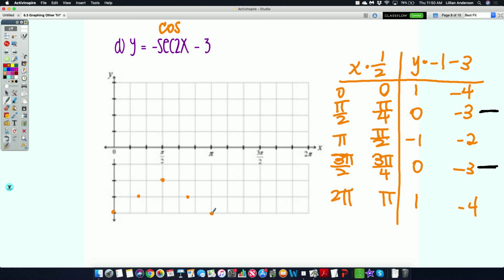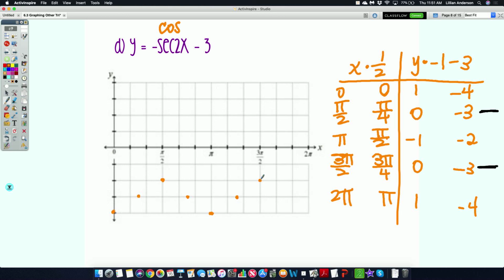Now, if I keep following the same pattern to get the other points, the next y value should be where? Should be negative 3, and it should be halfway in between, right? It technically would be a 5 pi over 4, right? What would be my next one? 3 pi over 2, and I should be at negative 2.